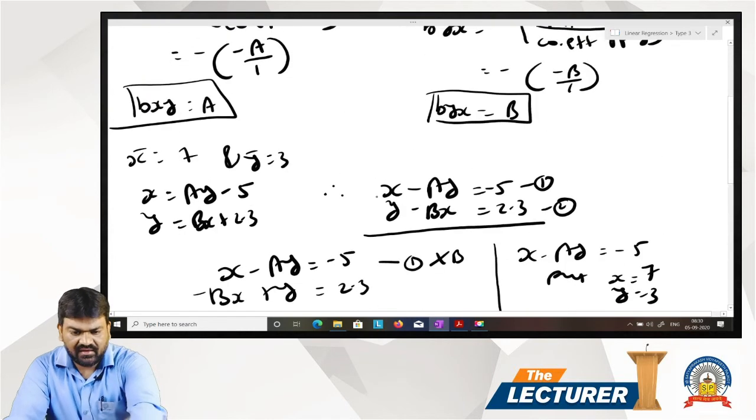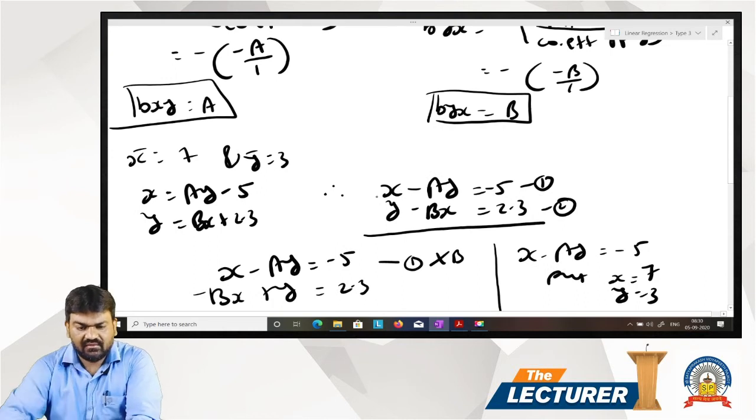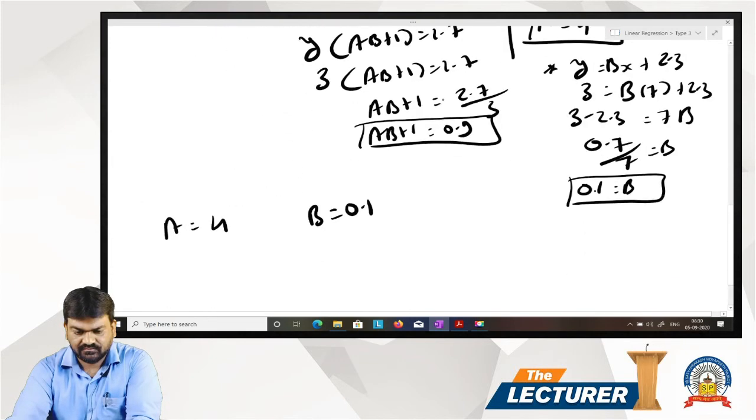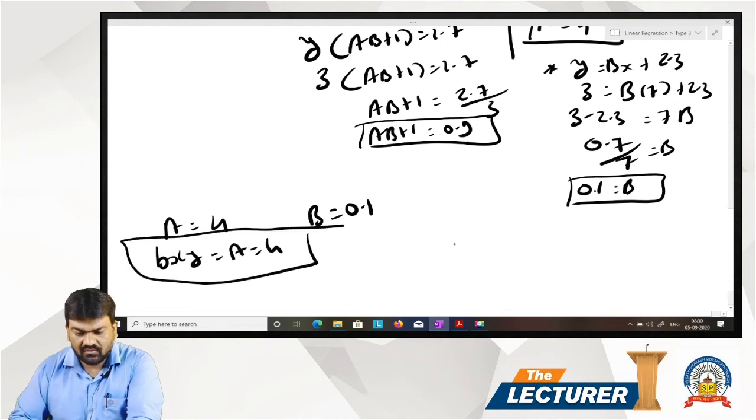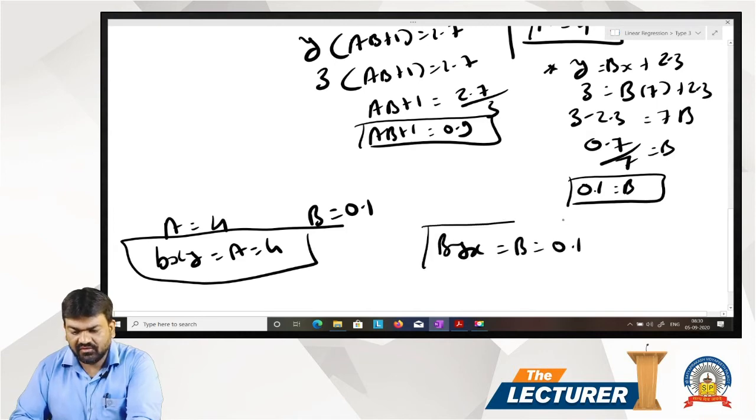What is a? A is equal to bxy and b is equal to byx. bxy a is equal to 4, byx b is equal to 0.1.